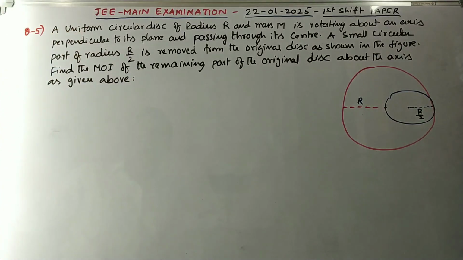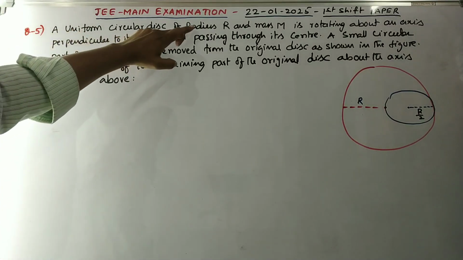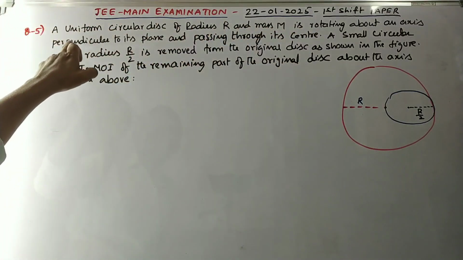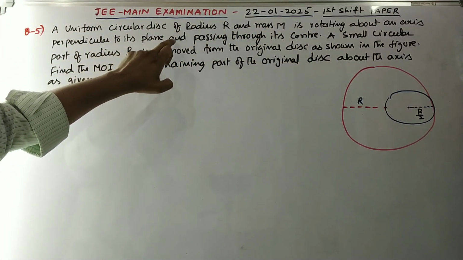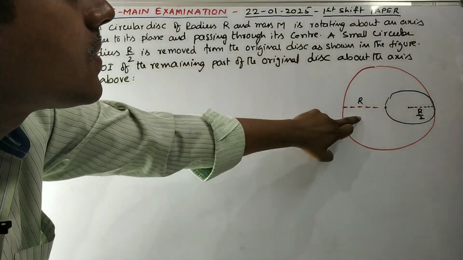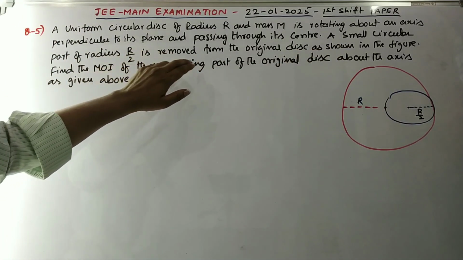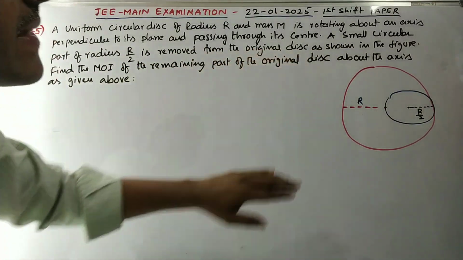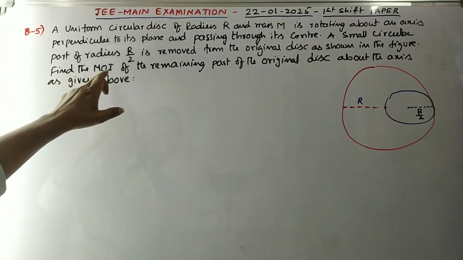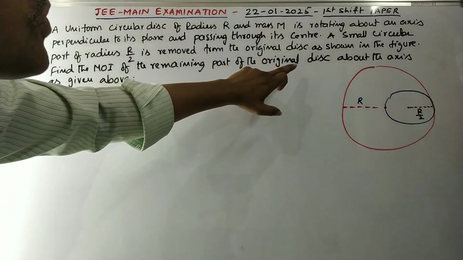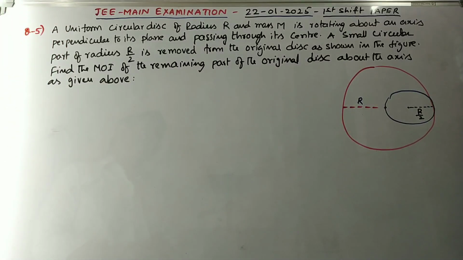The fifth question: a uniform circular disc of radius r and mass m is rotating about an axis perpendicular to its plane and passing through its center. A small circular part of radius r by 2 is removed from the original disc as shown in the figure. Find the moment of inertia of the remaining part of the original disc about the axis as given above.